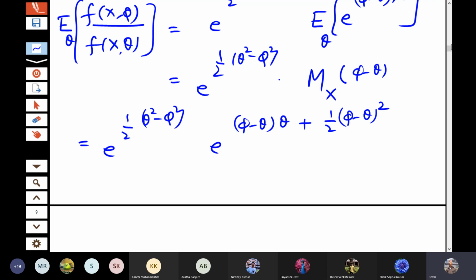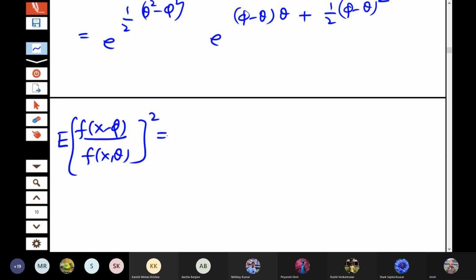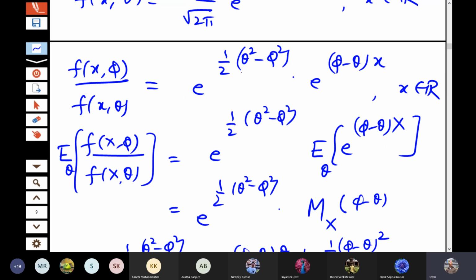Then similarly, we have to consider the expectation of (f(x, phi) by f(x, theta)) whole square. So that is equal to e to the power... now look at the terms that we are having here. It is e to the power half (theta square minus phi square). So when you take the square, it will become e to the power (theta square minus phi square). And here I will get e to the power twice (phi minus theta) x.